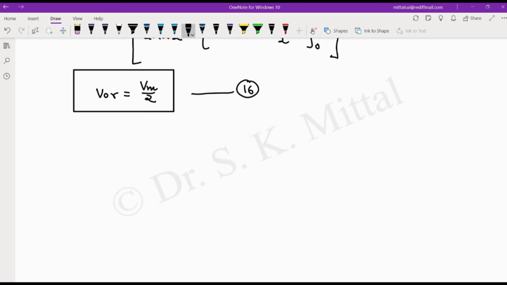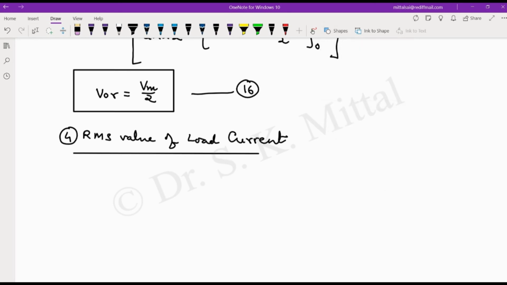Now after that we can calculate the RMS value of load current. The RMS value of load current will be simply calculated using Ohm's law because the load is resistive.